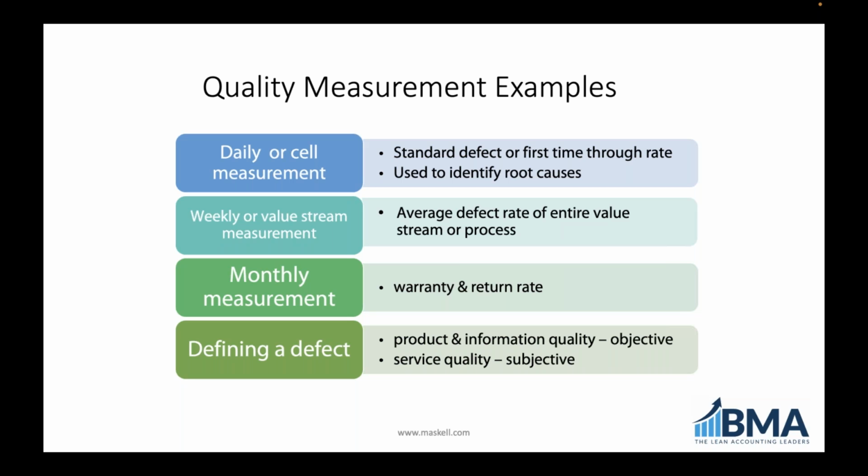And remember, defining a defect can have some subjectivity involved, especially when it's service. But when it's product quality or the quality of information, it's pretty objective. The product works or the product doesn't. The information that I receive is useful to me to do what I need to do, or it's not useful.